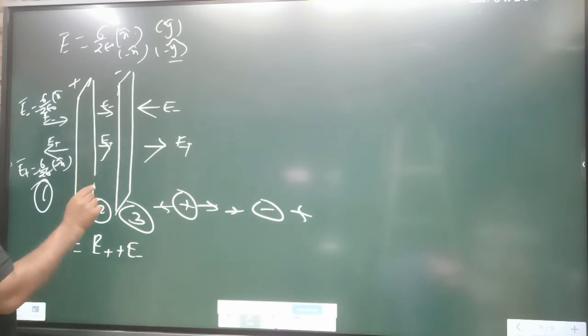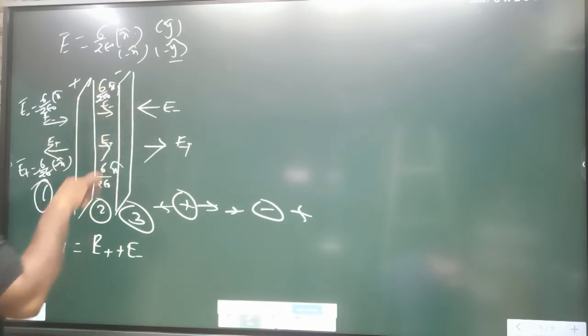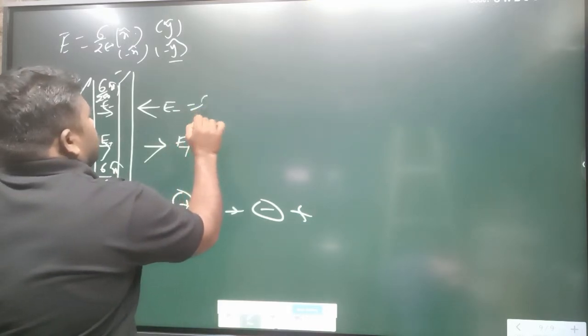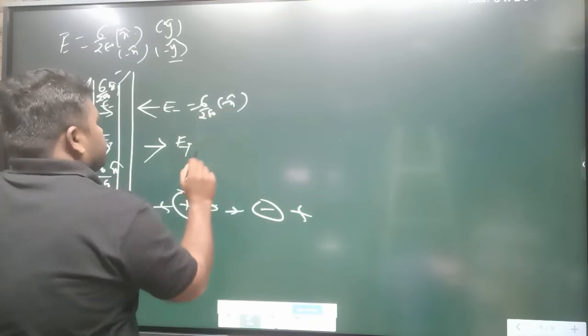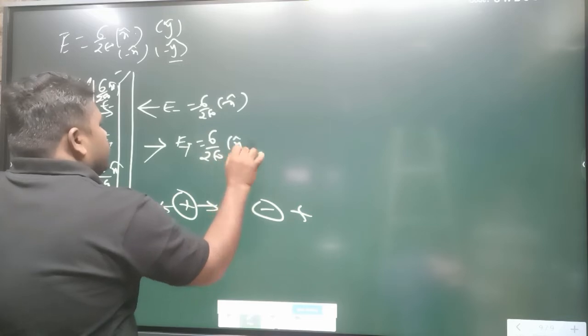Second region. Sigma upon 2 epsilon naught, direction plus X cap. And here E minus is sigma upon 2 epsilon naught, direction minus X cap. Here sigma upon 2 epsilon naught, direction plus X cap.